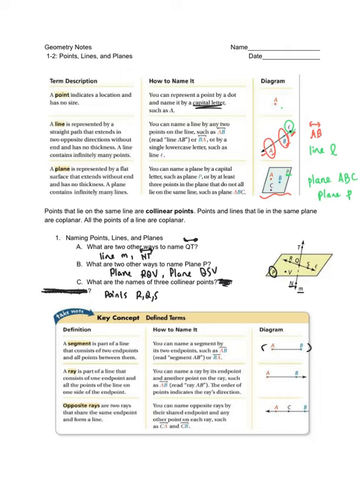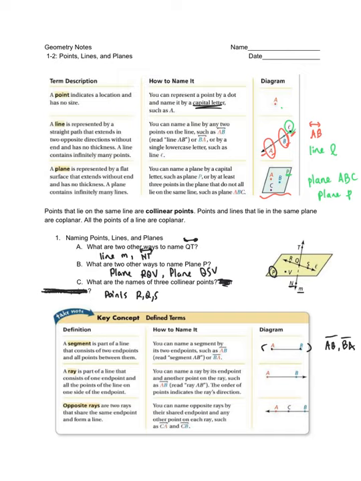Okay, but in this line segment, we don't have any arrows. It ends at the point, so it's only a segment of the line. So to represent that, it's the same way as a regular line, except for now we don't put arrows. We just put the segment above, so it can either be AB or BA, and that is a line segment because there's no arrows on either side.